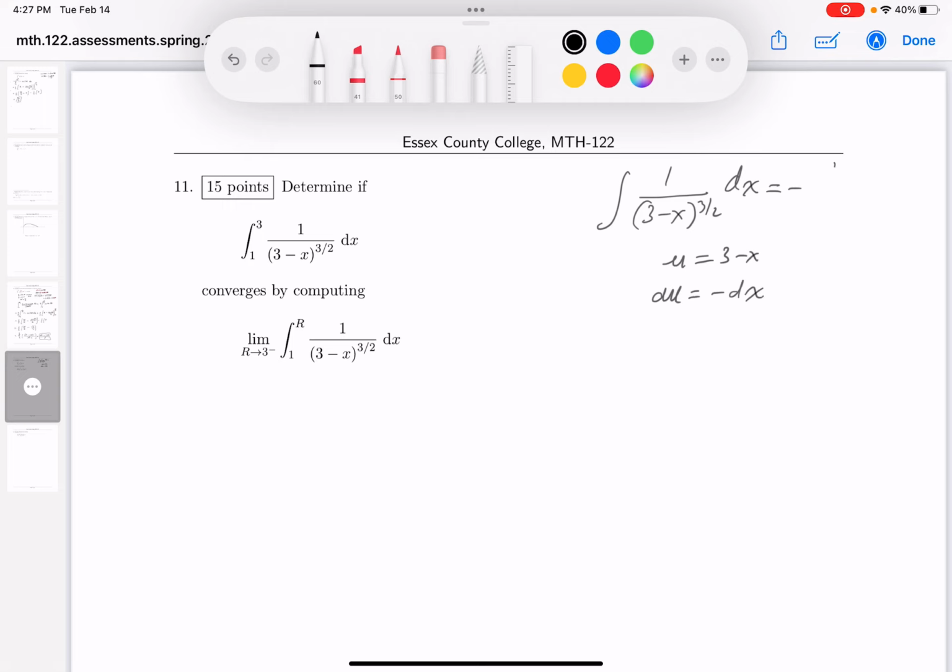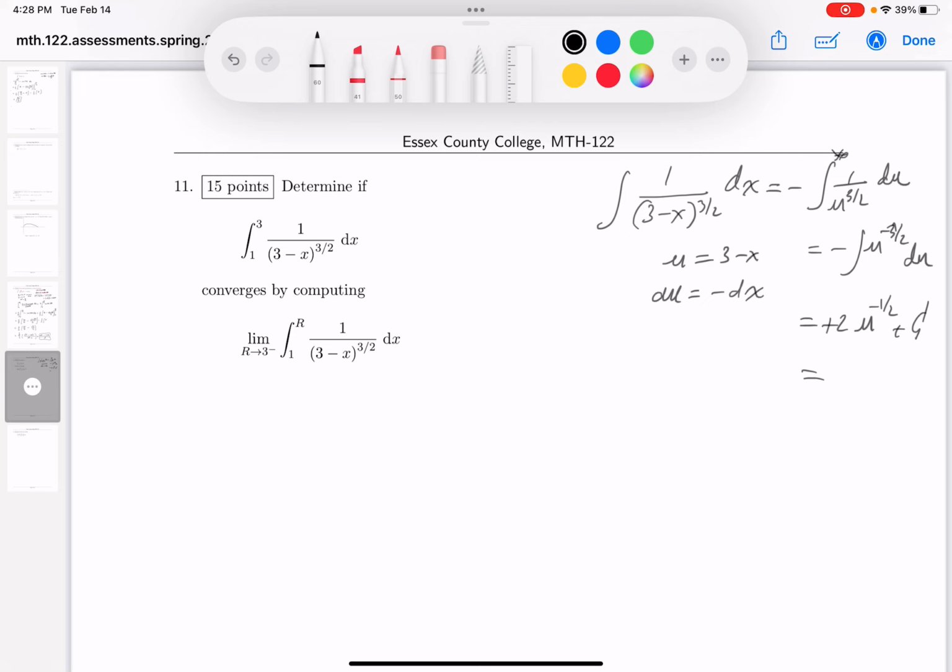So I get minus, put a star here to remind myself, du, and this would be u to the 3 halves, minus u to the minus 3 halves, du. Let's see, minus u, I'm going to increase the exponent by 1, so minus 1 half. I'm going to divide by minus 1 half, which is like multiplying by minus 2, so say plus 2. And again, there's a constant of integration on that as well.